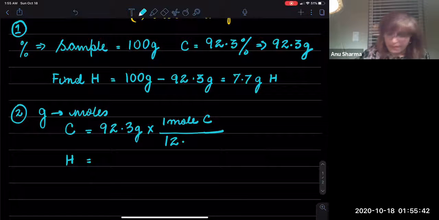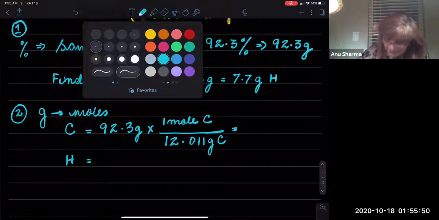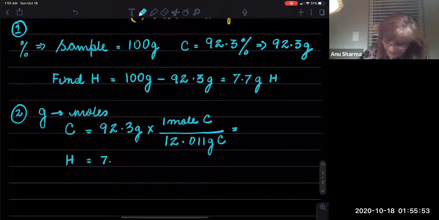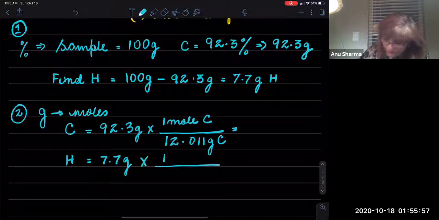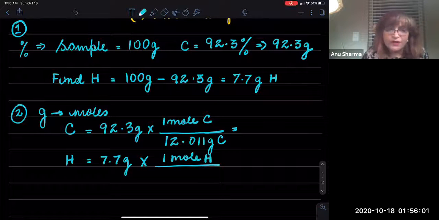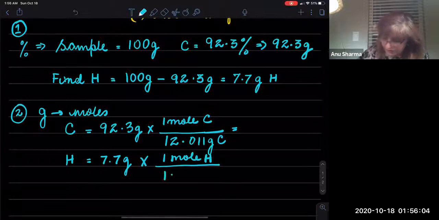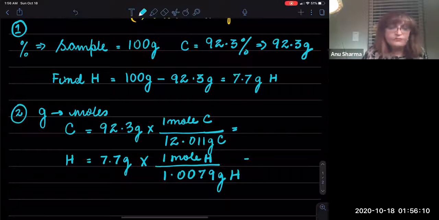Next, for hydrogen, it's 7.7 grams of hydrogen times 1 mole of hydrogen, and the weight of hydrogen from the periodic table is 1.0079 grams.